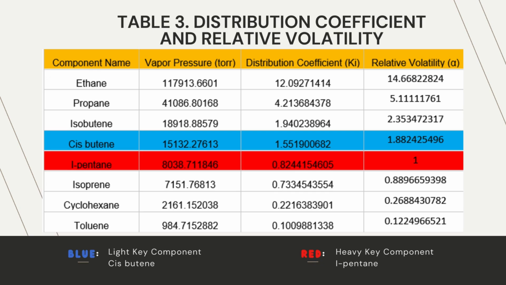Meanwhile, isopentane, highlighted in red, is designated as the heavy key component with a distribution coefficient of 0.8244154605 and a relative volatility of 1. The values indicate that cis-butene is more volatile compared to isopentane as it has higher relative volatility, making it the light key component in this mixture.